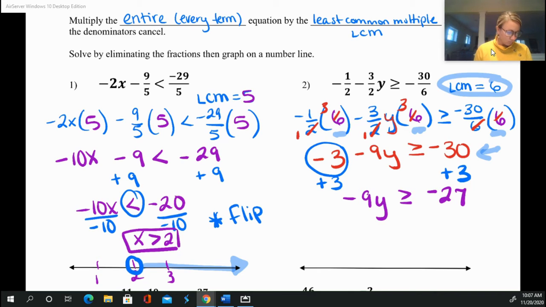We're multiplying y by negative 9. So our next step is to divide both sides by negative 9. And it's that step there that requires us to flip the inequality symbol because we divided both sides by a negative number.